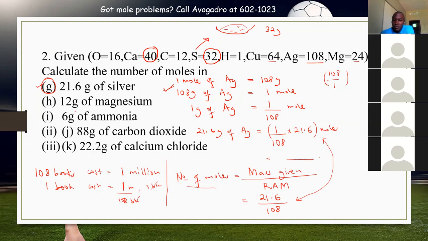So if you have to look at maybe ammonia, we can use the formula in this case. Mass given is 6, so it will be 6 divided by the Rfm. Now, in this case, because ammonia is a compound, we shall have to divide by the Rfm, but not the RAM. Relative molecular mass, or relative formula mass. So in this case, we shall have to find the mass for ammonia.